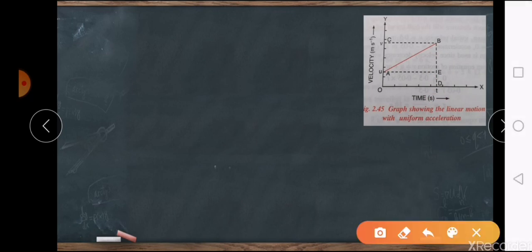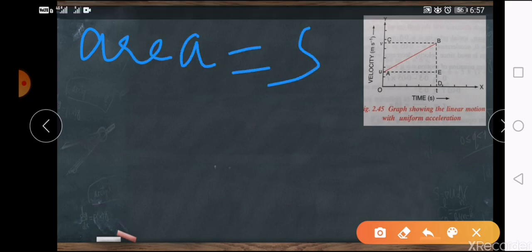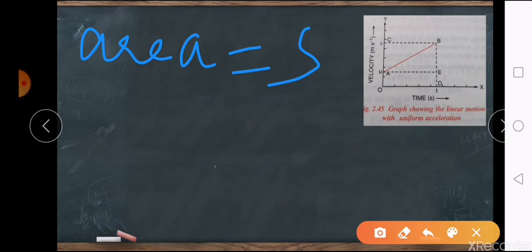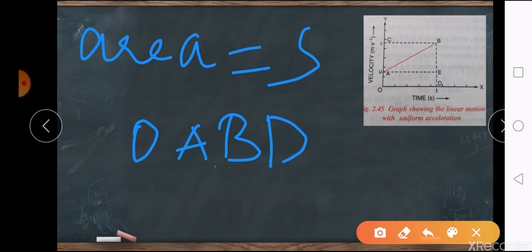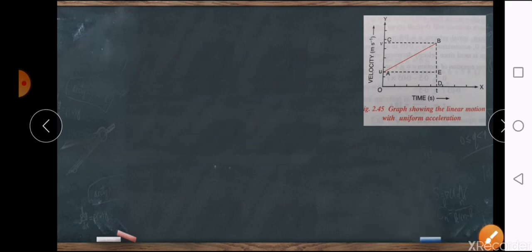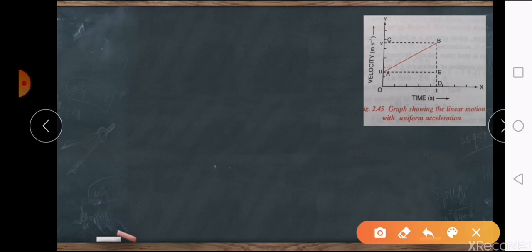So according to that equation, we are going to find out the area, that is area will give you the displacement S. Now area is equal to area of trapezium OABD, right? Trapezium OABD.